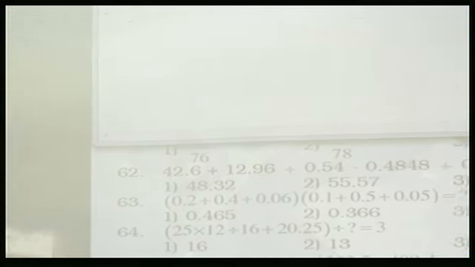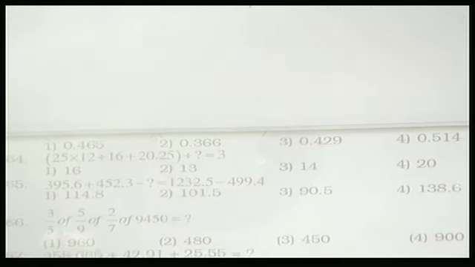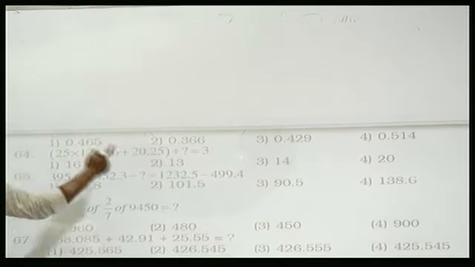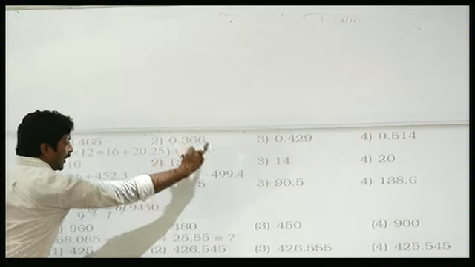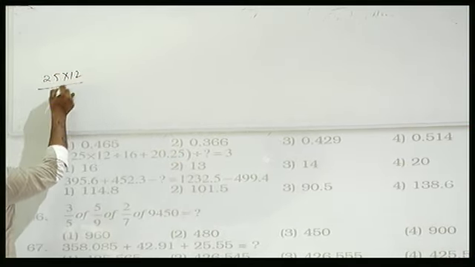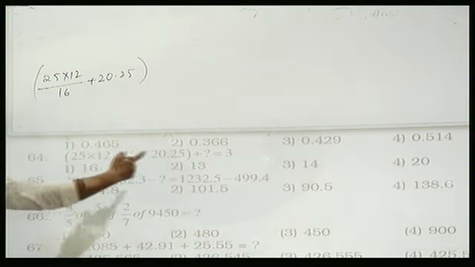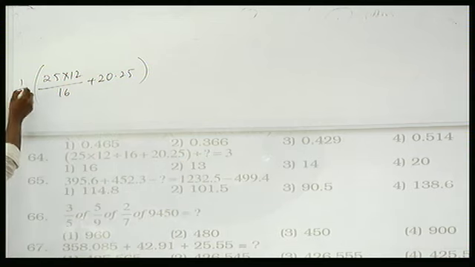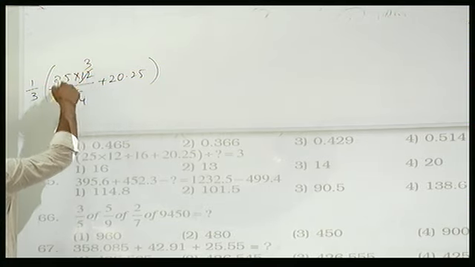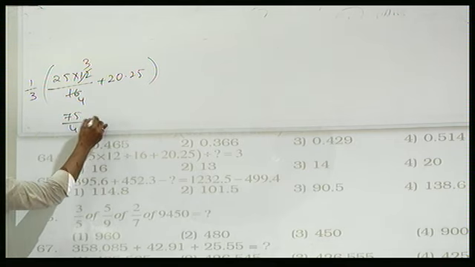Next, come on, come on. How much is this? Divide it by x, take this to the right hand side and take 3 to the left hand side. That becomes 25 into 12 divided by 16 plus 20.25. And when 3 comes to the left hand side, that becomes 1/3. 4 times, 75 by 4 plus 20.25.